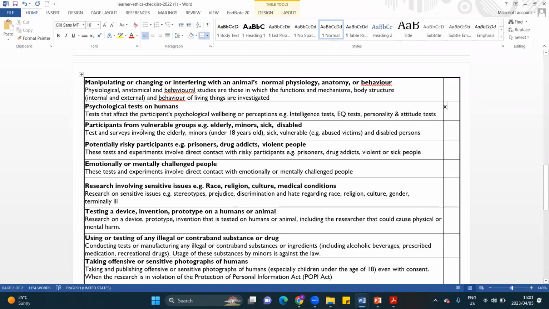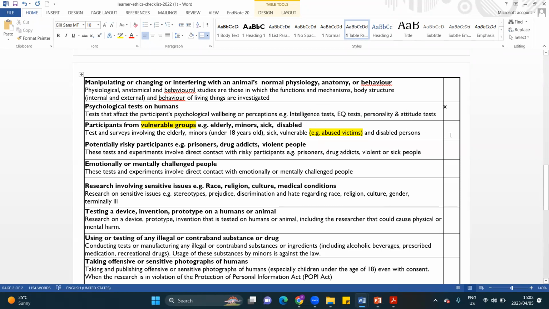There's another one here for social science: vulnerable groups, especially elders, minors, disabled, abused victims. We find lots of times the learners want to look at abuse, and abuse of women particularly. So be very careful about projects like this.